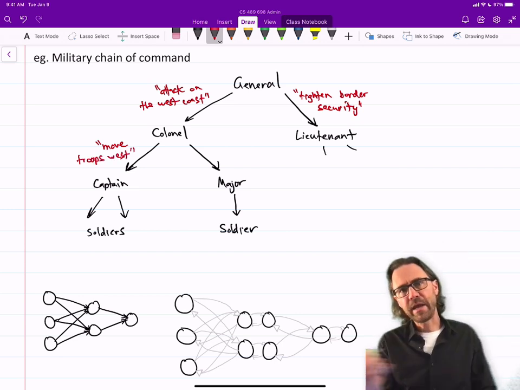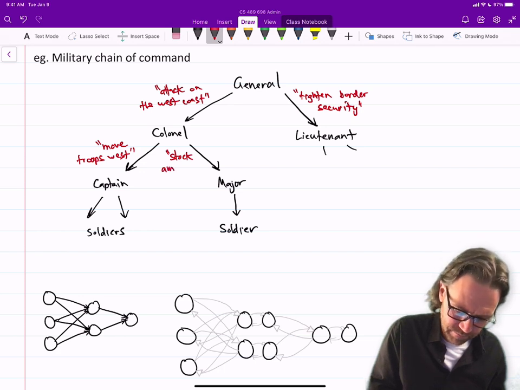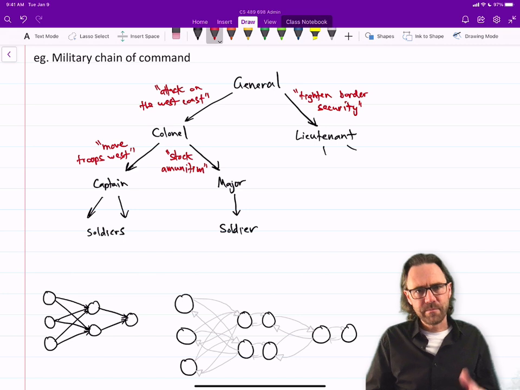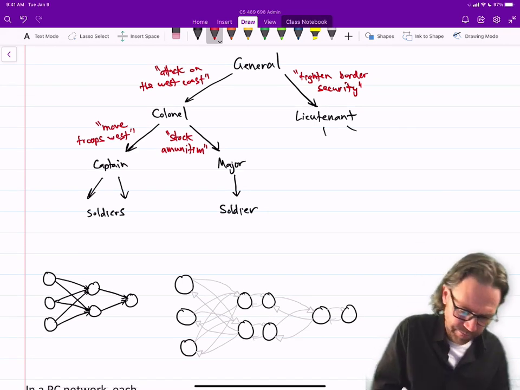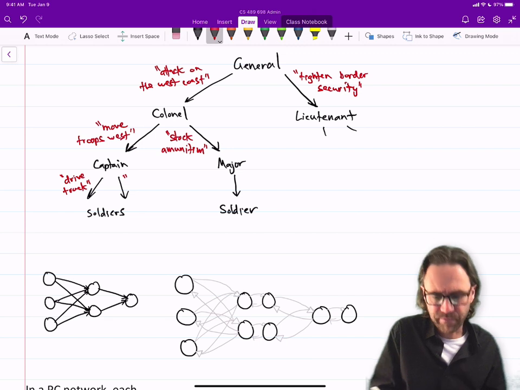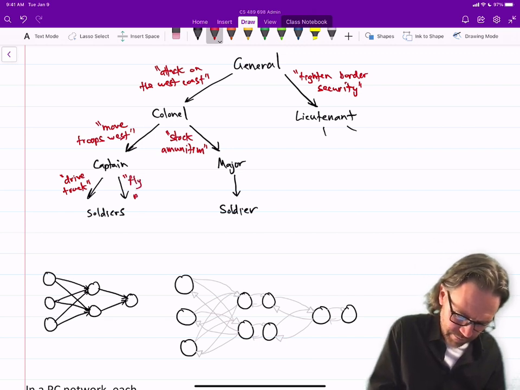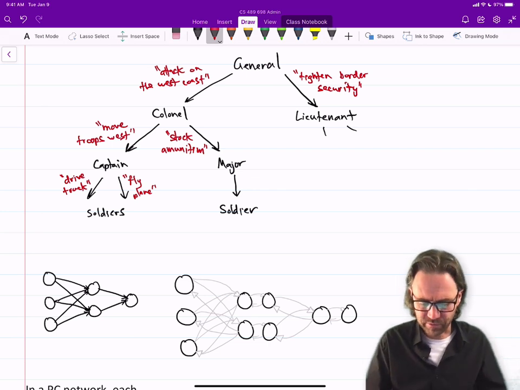It might tell the major to stock ammunition. And then the captain, who's been asked to move troops west, might talk to soldiers, tell one soldier to drive a truck, tell another soldier to fly a plane, etc. So you can see how the different commands get broken down into smaller and smaller pieces, this sort of hierarchy.